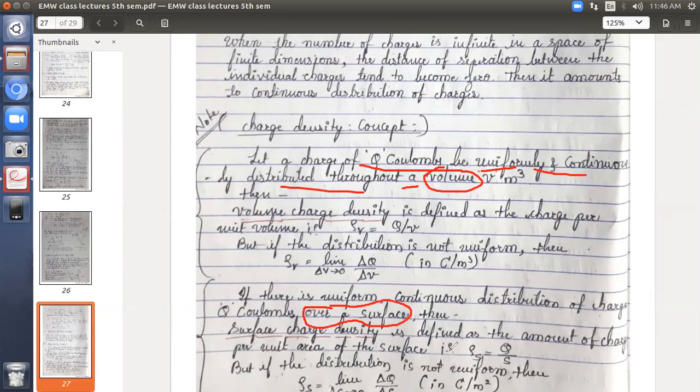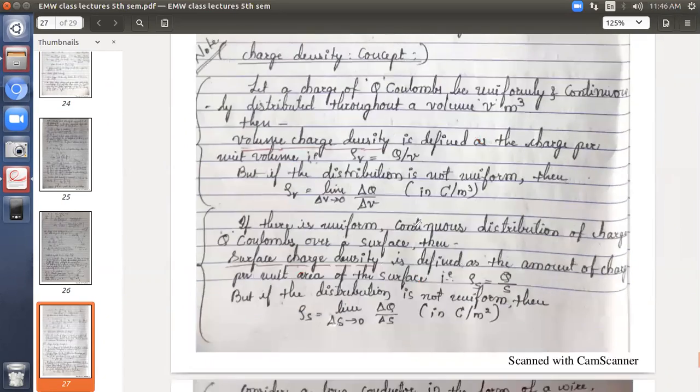Surface charge density is defined as the amount of charge present on that area per unit area of the surface. That is, rho s is equal to q by s. Again, if the distribution is not uniform, we consider a smaller value, delta q by delta s.